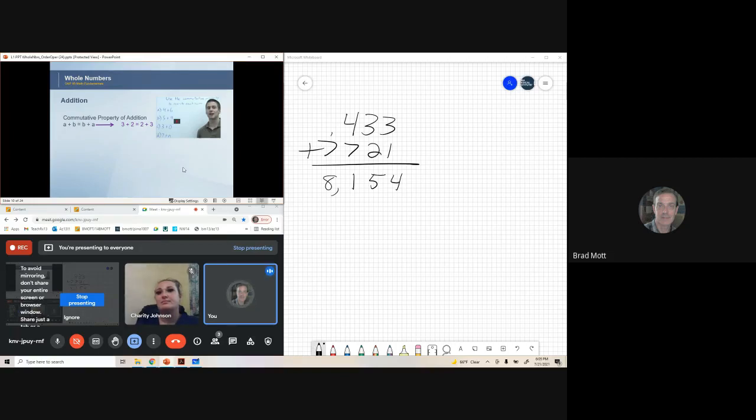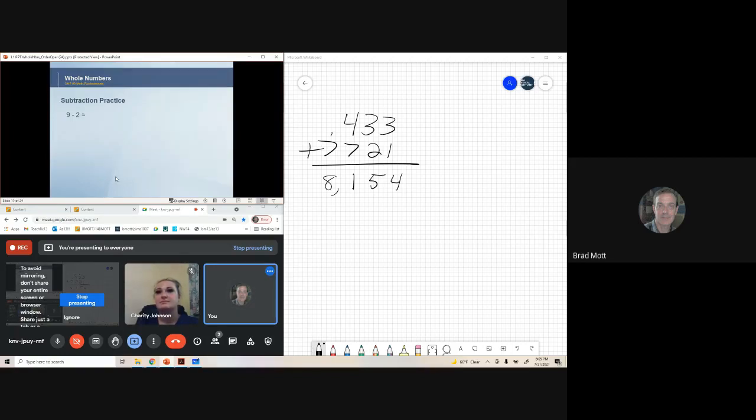That means you can move the terms within an equation. And the associative means you associate, means that you can move the parentheses around different terms within an equation that involves addition without changing the meaning of the equation and having the equal sign applying still.